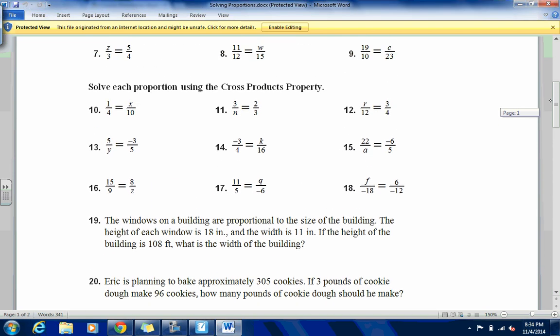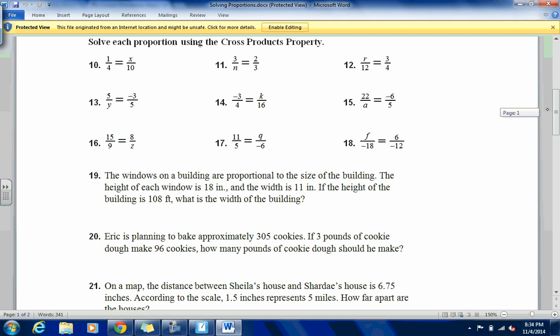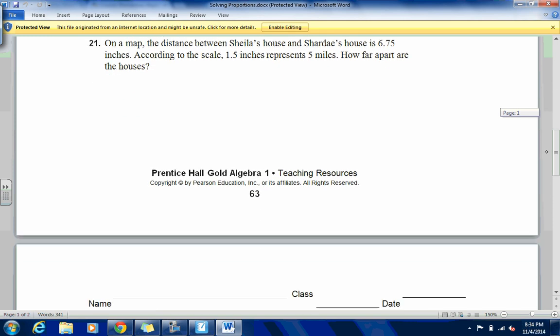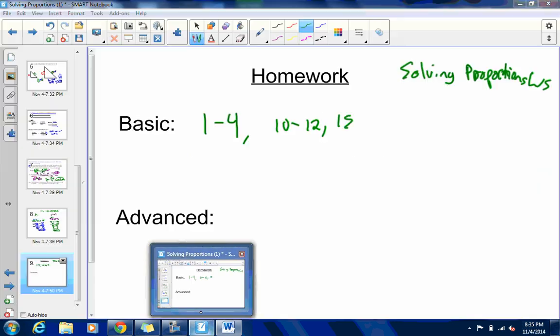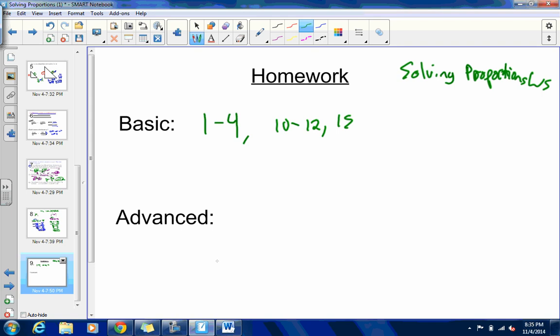All right. 21, 22, and 23, and 28. So we're going to erase this one. And we're going to do 21, 22, 23, 28.